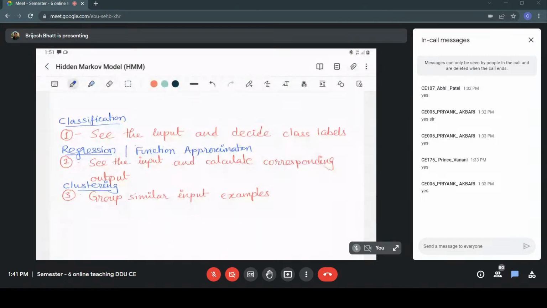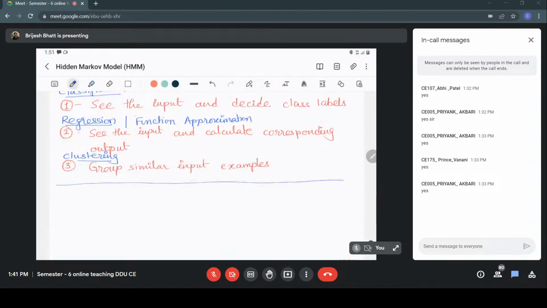So there are different ways of grouping similar items, which we call clustering algorithms. But in all cases, if you have noticed, examples are treated independently. It will be clear very soon what I mean by this.